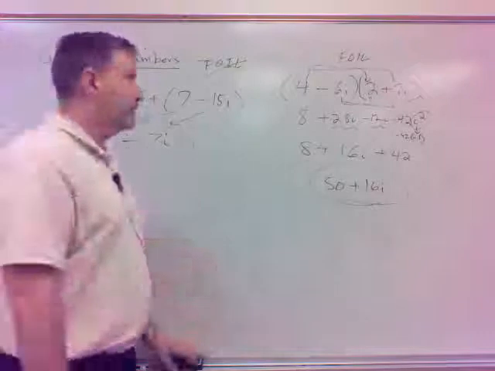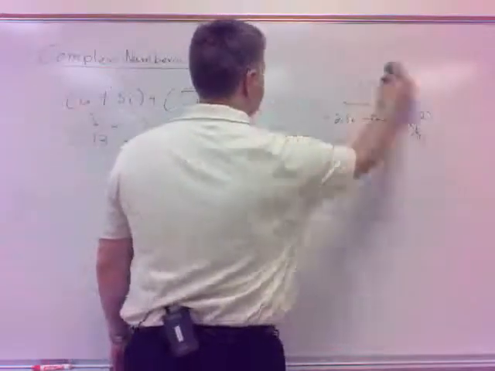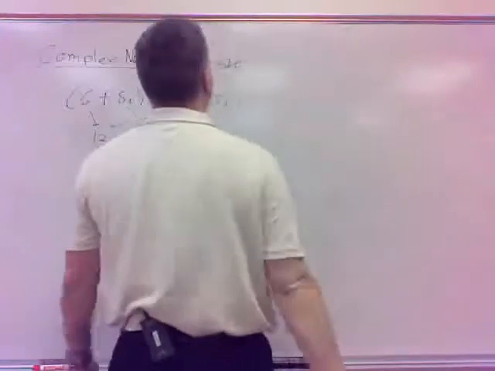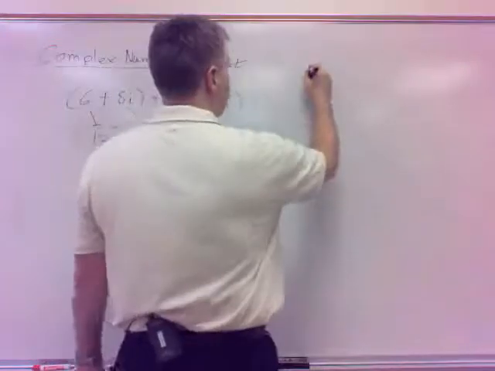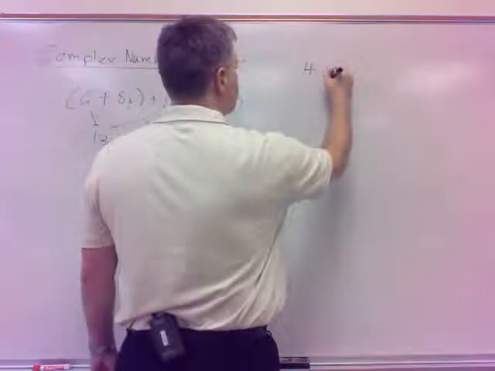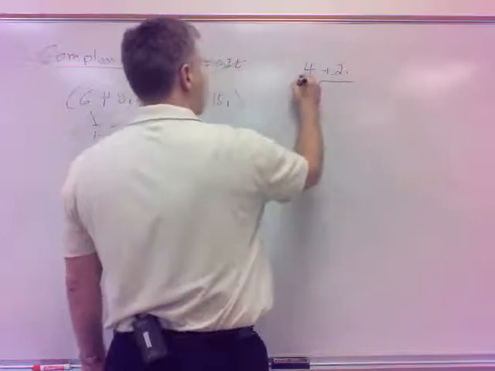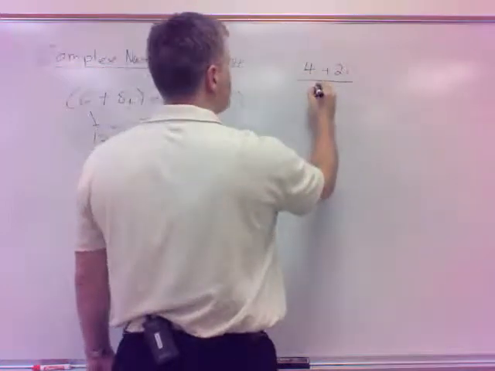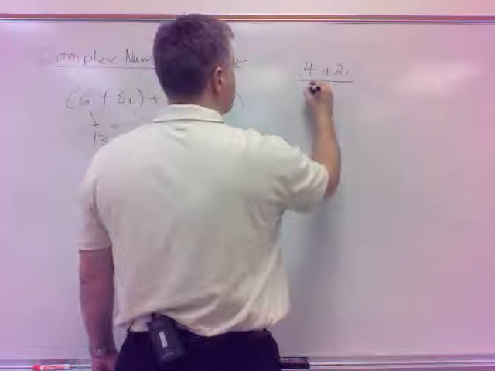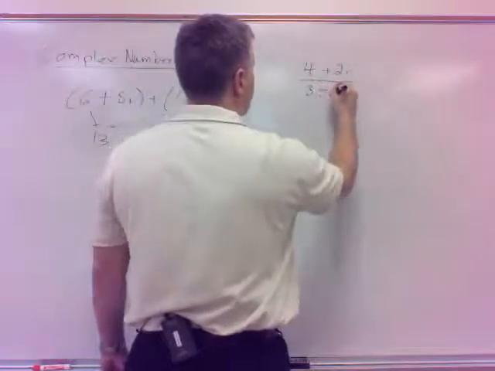All right, the other thing we did on the simplifying of complex numbers was these. 4 plus 2i divided by 3 minus 5i.